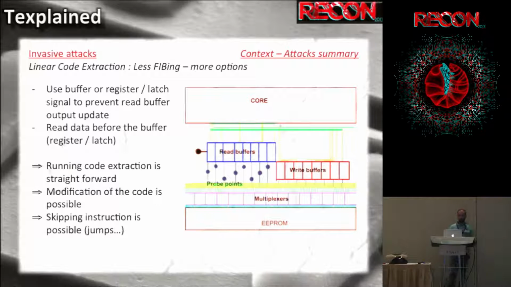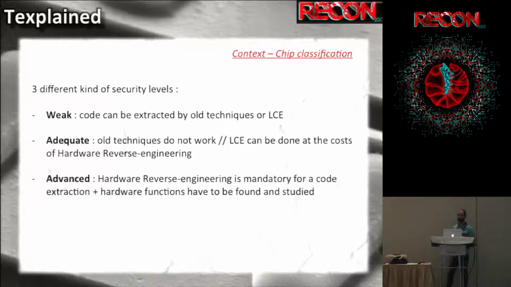So therefore, I classified the chips. It's my point of view, but for me, there are three levels. There is the weak chip, where maybe you can find a glitch that is working, a non-invasive attack, and you can just extract the chip like this. Or you can make what we saw, a linear code extraction with a very basic technique. Weak. Adequate. Adequate is the level of security that everybody must have.